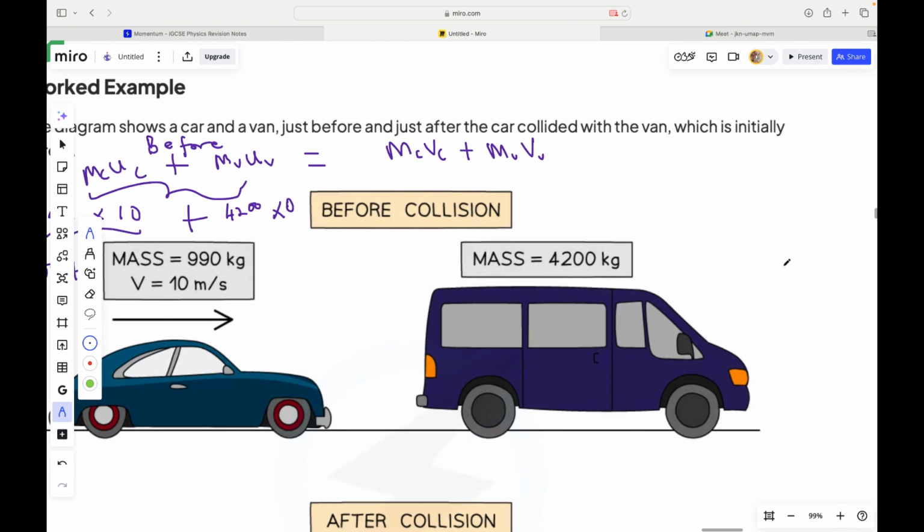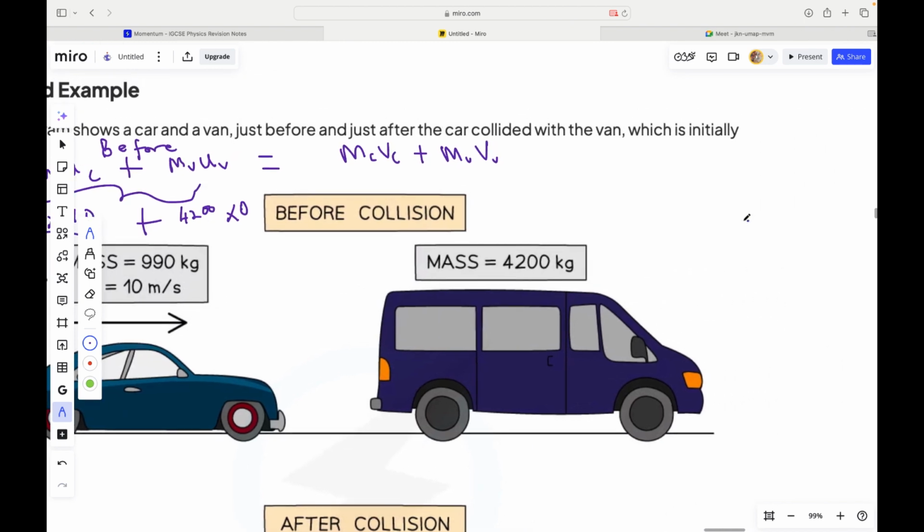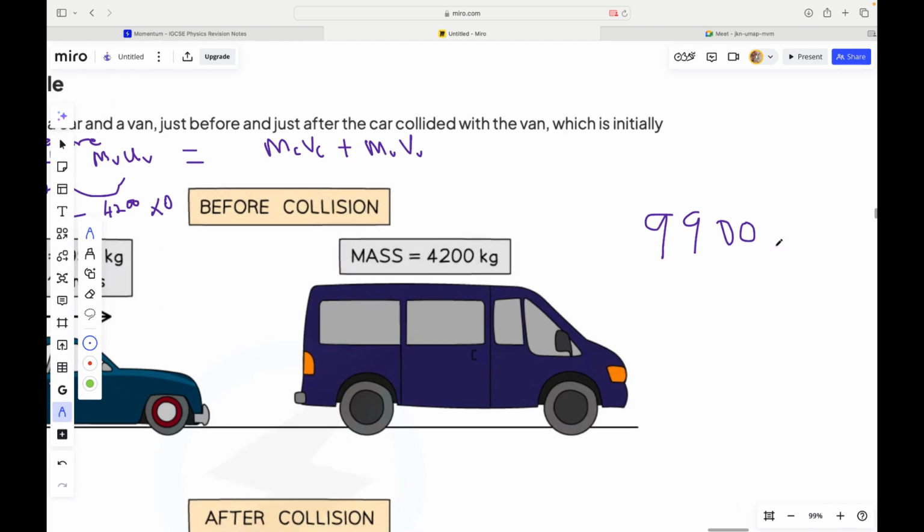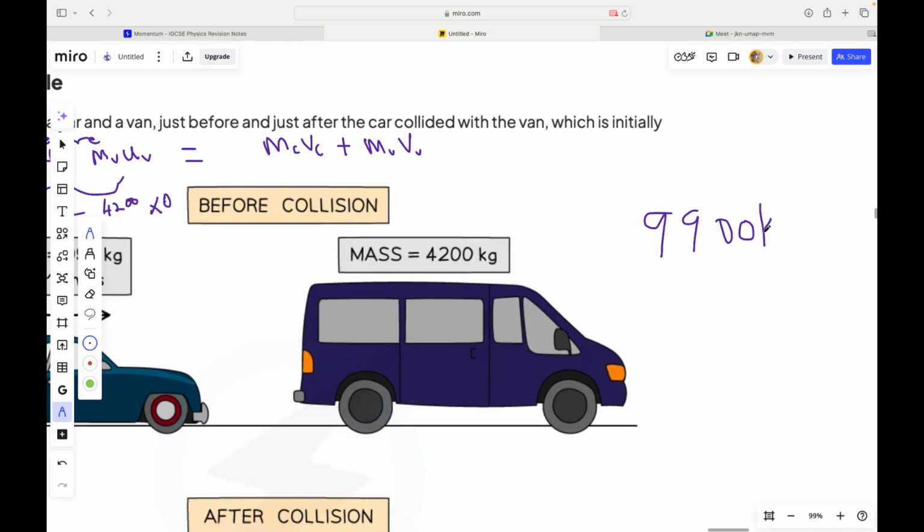So the total momentum before collision, because the van's momentum is 0, is 9,900 kilogram meter per second. Sorry, no square, kilogram meter per second, because it is the unit of speed, meter per second.